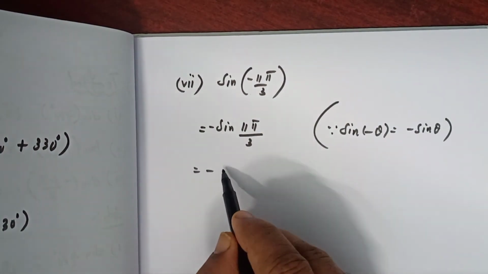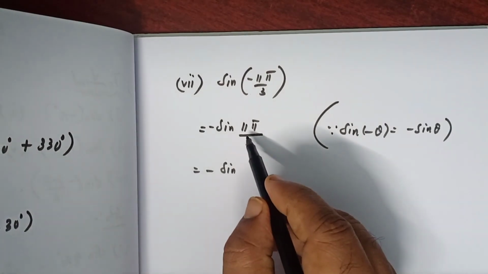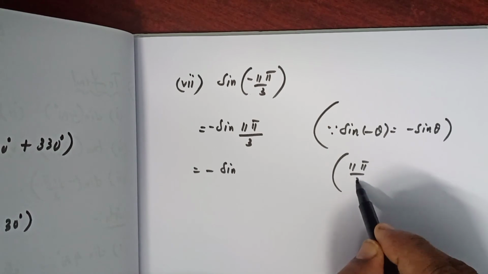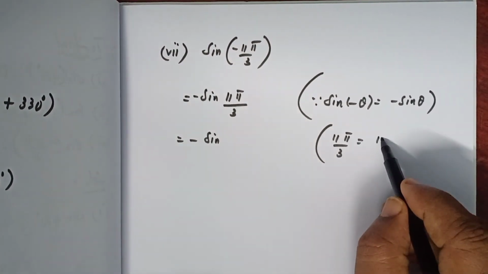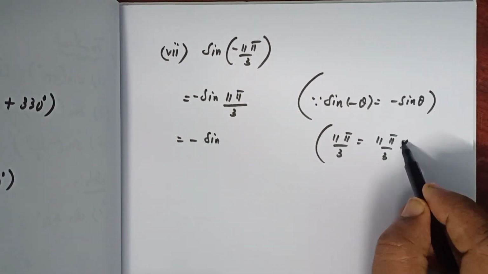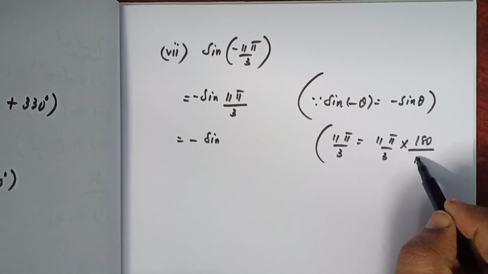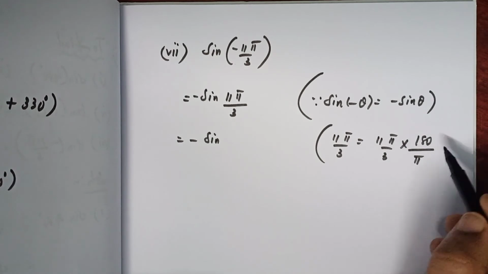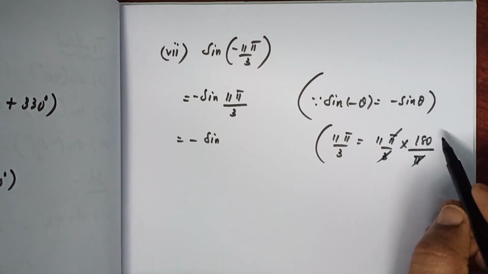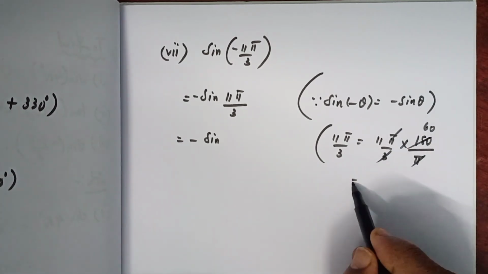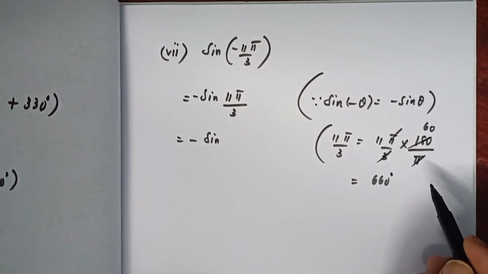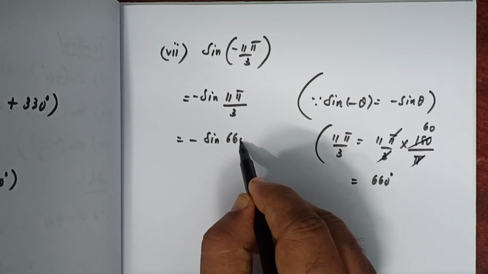Next, sine right as it is, we can change the radian into degrees. 11 pi by 3 into 180 by pi. If you multiply by 180 by pi, the radian will be converted into degrees. Pi gets cancelled. 3 table, how many times? 60 times. That is 11 into 60, that is 660 degrees.